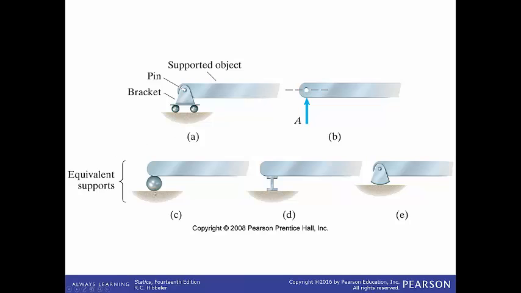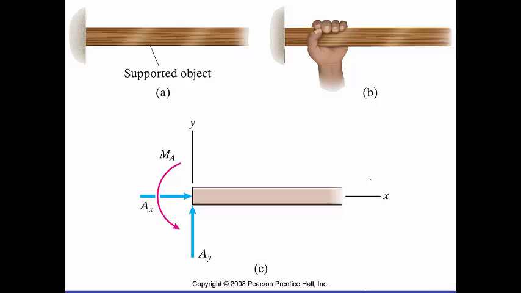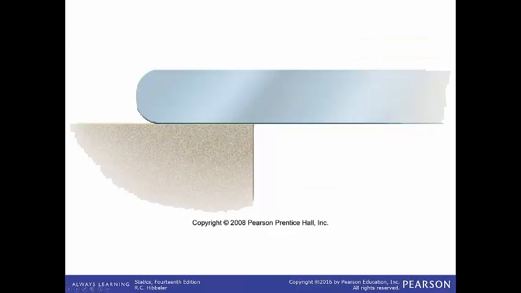And we have this type of support as well. It's just resting on this, and it's just resting on here. No moment. You have then the supported objects or a fixed support here, and then you have a Y, an X, and also a moment.